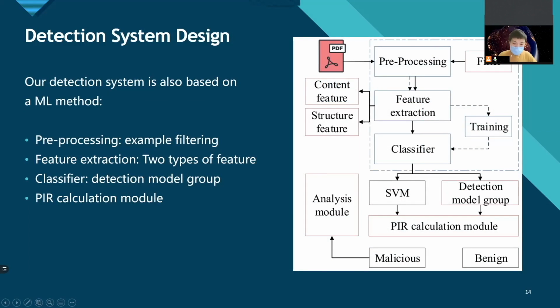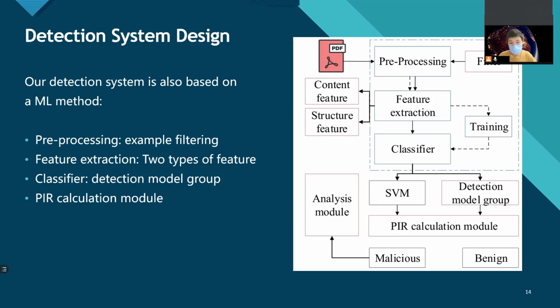Based on the above modules, we redesigned the detection system based on the machine learning model. The whole structure is relatively clear. The 3 parts of the detection model were added in the pre-processing stage of machine learning methods. Example filtering of flawed documents and mimicry attacks is added. In the subsequent feature extraction part, we mainly use 2 types of effective feature sets: content-based features and structure-based features.